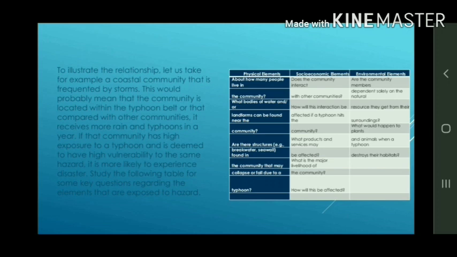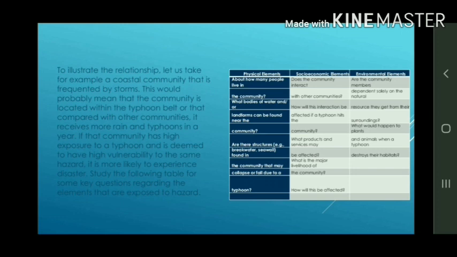This would probably mean that the community is located within the typhoon belt, or that compared with other communities, it receives more rain and typhoons in a year. If that community has high exposure to a typhoon and is deemed to high vulnerability to the same hazard, it is more likely to experience disaster.